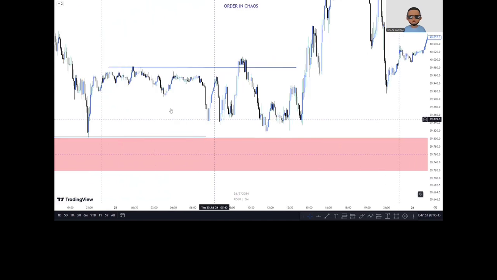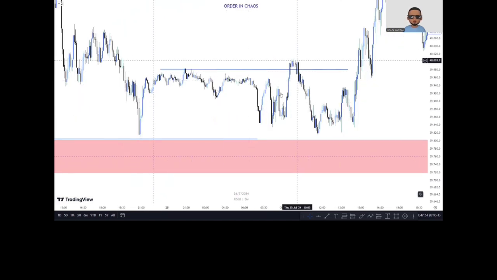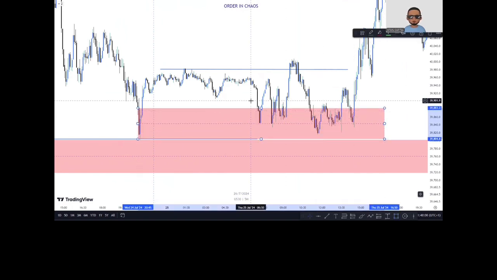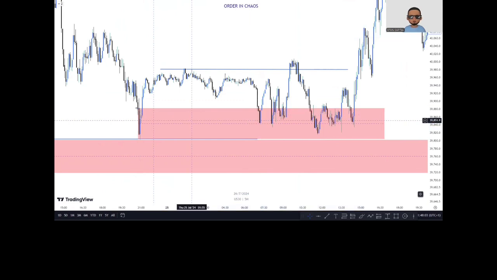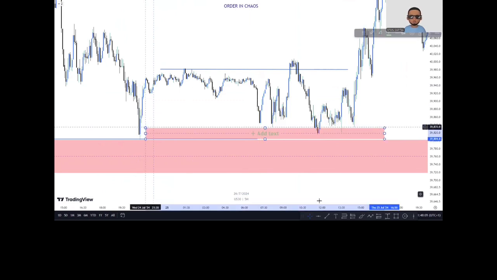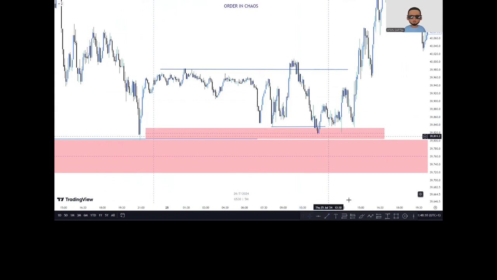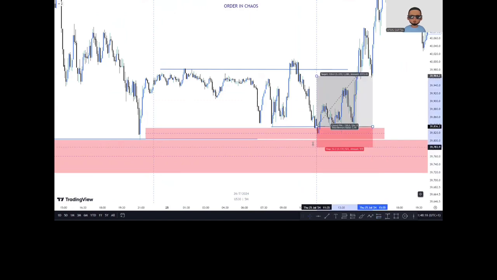Now, normally people will see this breakout structure, mark out this demand level, mark out this inducement, and put a buy limit right here, and put a stop loss right here.